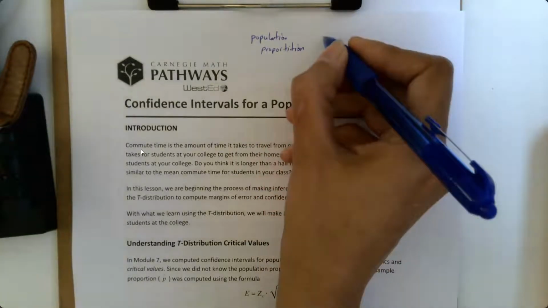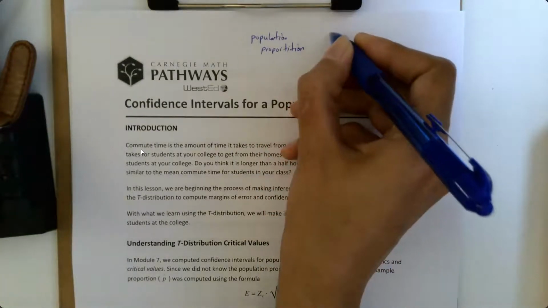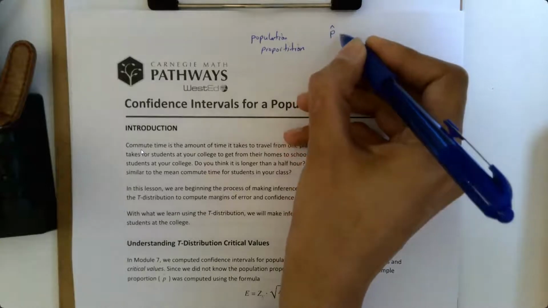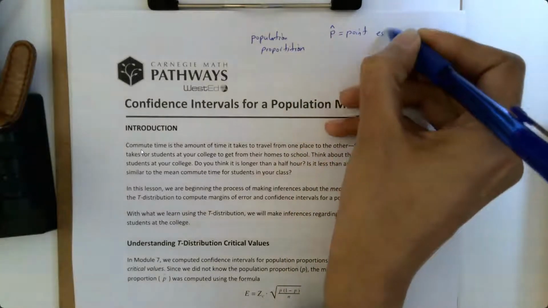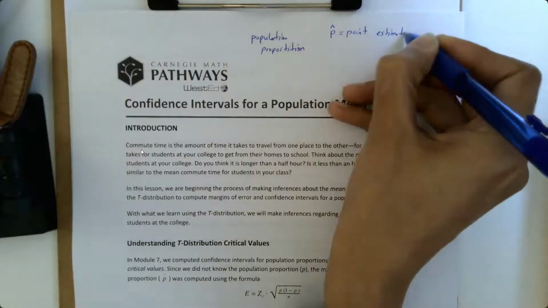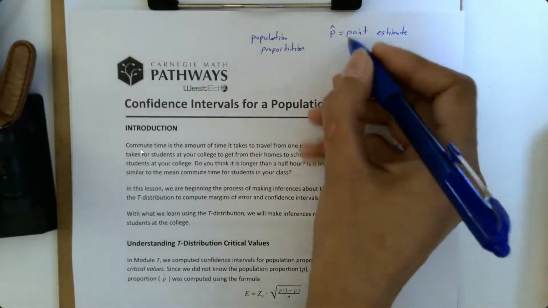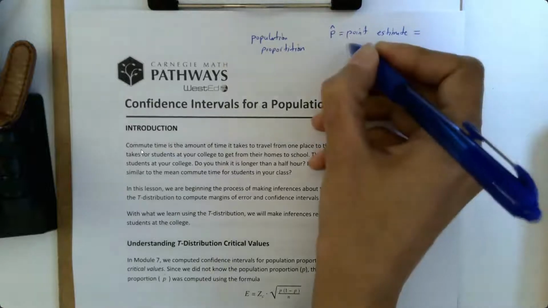First of all, we need a point estimate, p hat, which was our sample proportion.